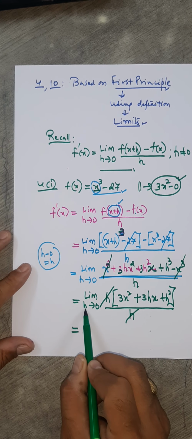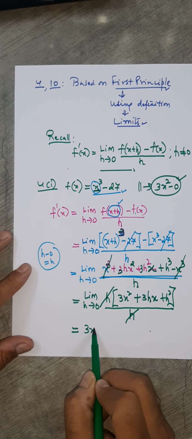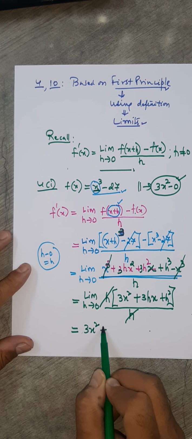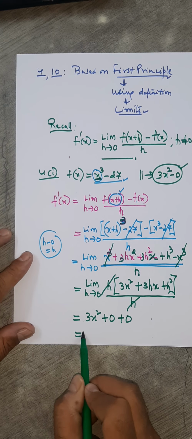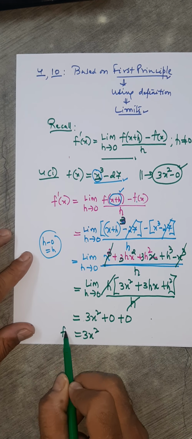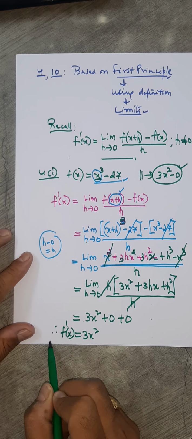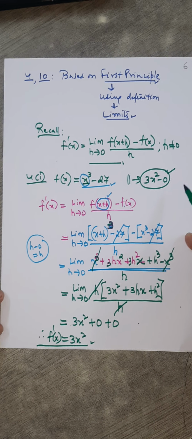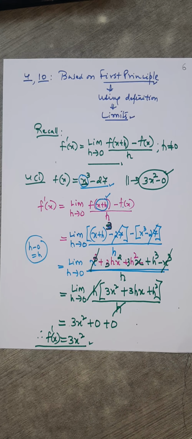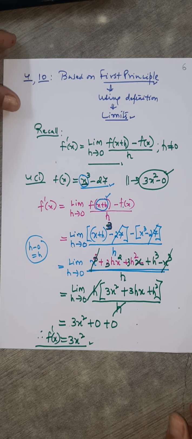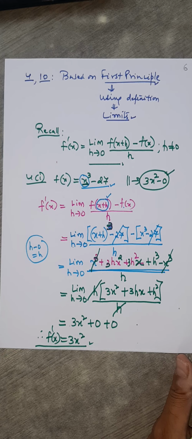Limit depends upon h here. So 3x squared as it is. H tends to 0. This is 0. This is also 0. And finally we have this. That's what you had expected. That's what you have written here. Derivative should be 3x squared. But we did it with the help of limits, which is known as which principle? First principle.